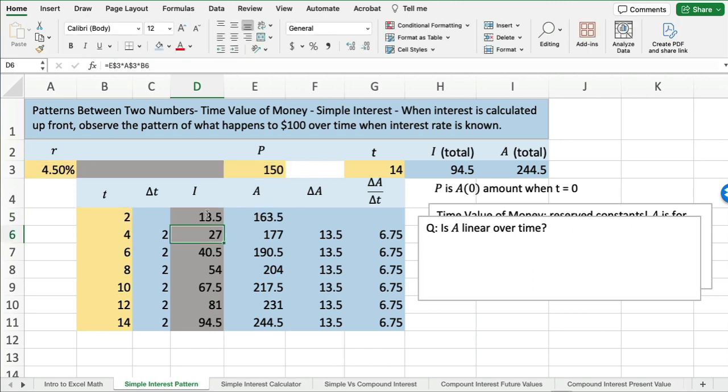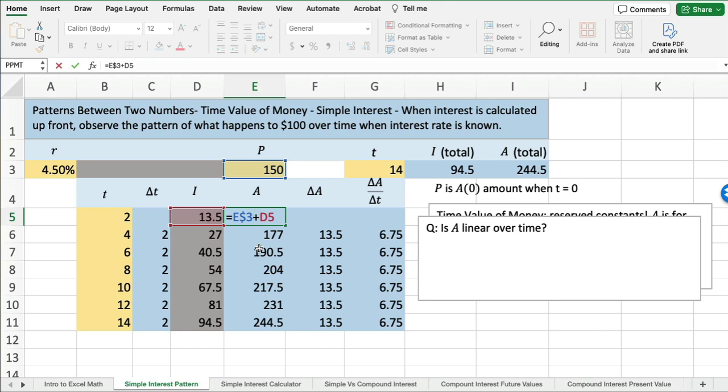Hit enter, and then we can fill that down. So the interest is obviously changing because you're going to have the money in for longer periods of time. So the longer the money is in for, the more interest you're actually earning. That makes sense. But the question is, is the pattern linear?